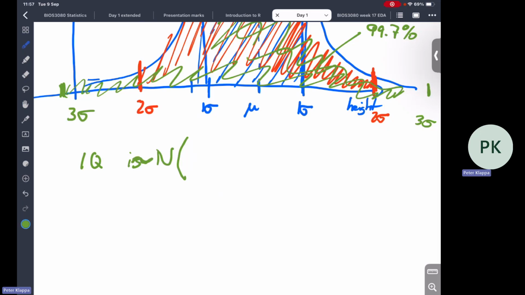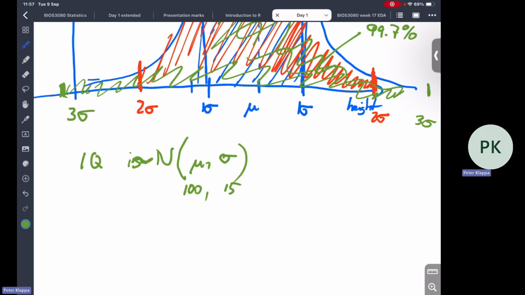It's normal distributed with a mean and a standard deviation. The mean is 100, and the standard deviation is 15. That's the population. And you sometimes see that.